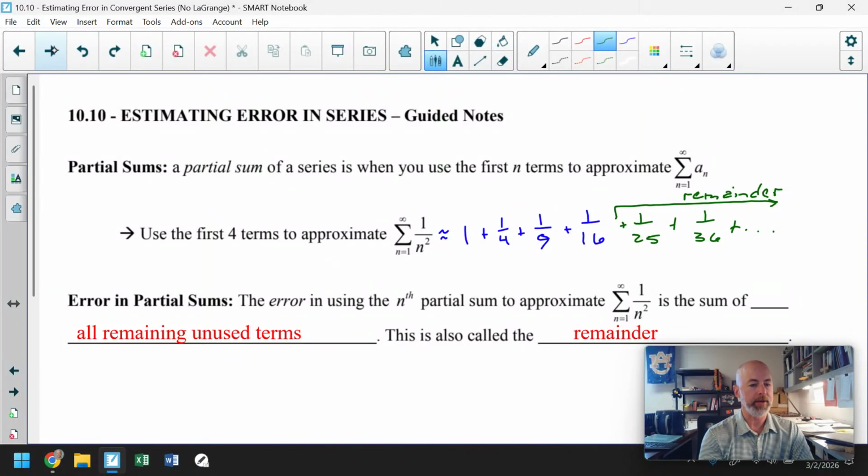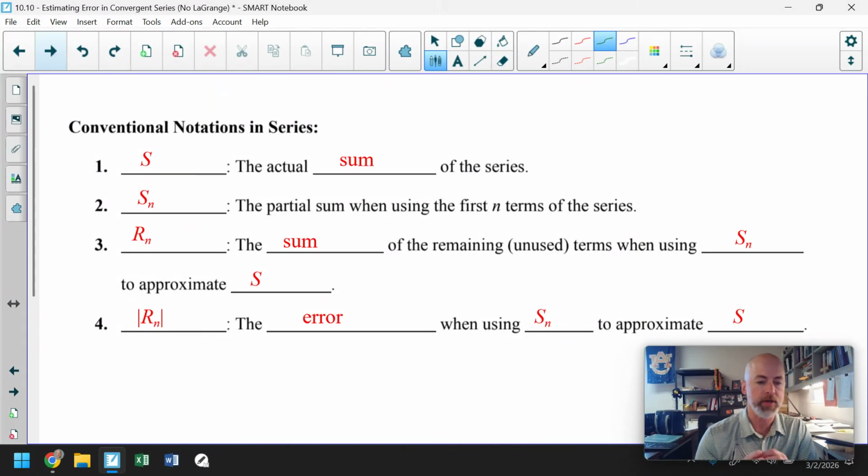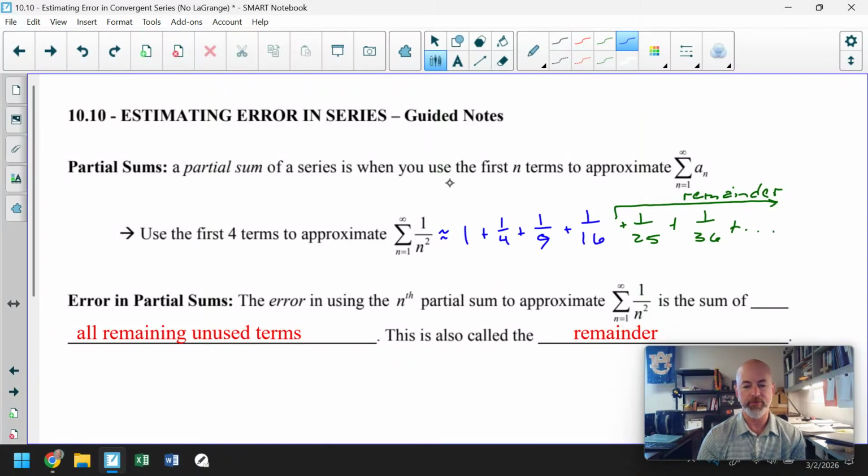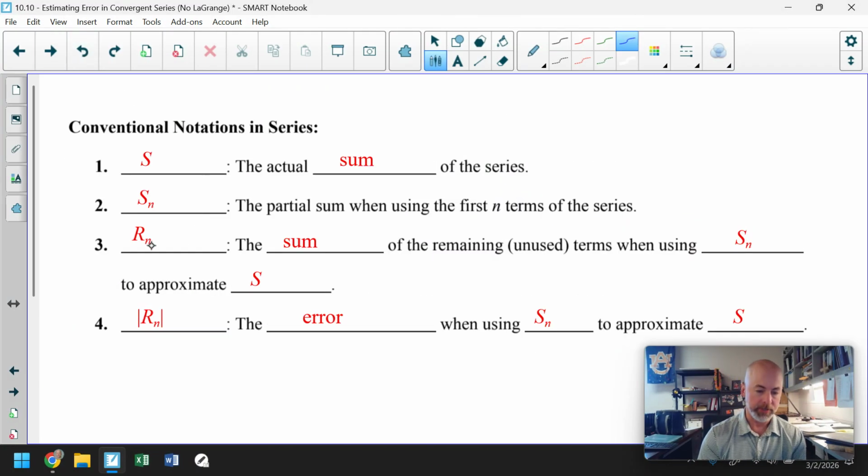Let's talk about some common notation we use with series. The capital S with no subscript is the actual sum of the whole series. S sub n is a partial sum where you use the first n terms of a series. In this example, when I added the first 4 terms, this would be S sub 4. And R sub n is the remainder in using S sub n.